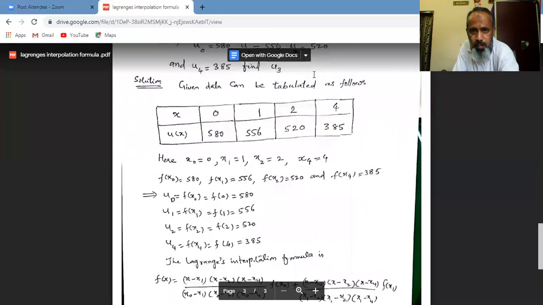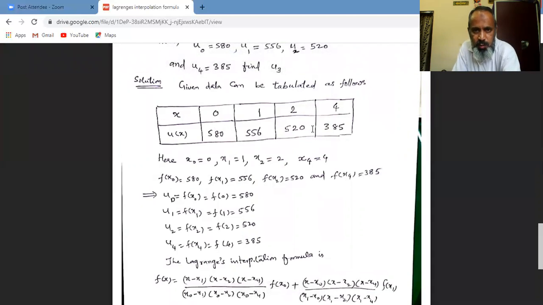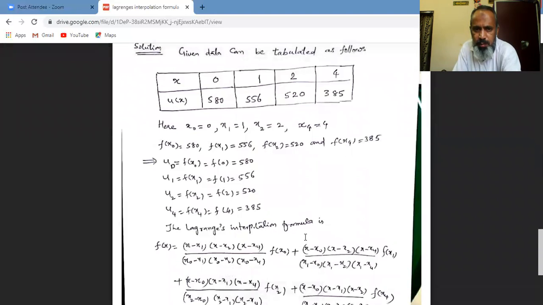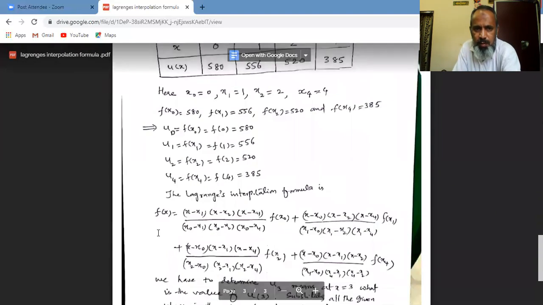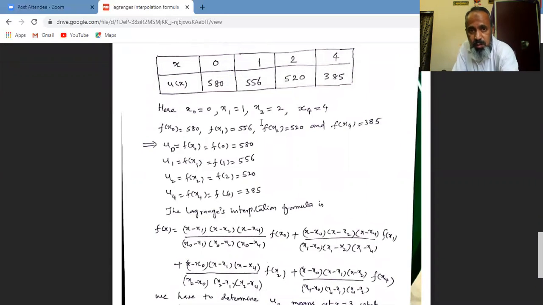So, this is our problem. We have to find u3. u3 means at x is equal to 3, what is the value of the function? Now, the Lagrange's interpolating polynomial, or the Lagrange's formula, is f of x is equal to (x minus x1)(x minus x2)(x minus x4), because 4 points are given, and for the first term, we have to leave this point, x0.